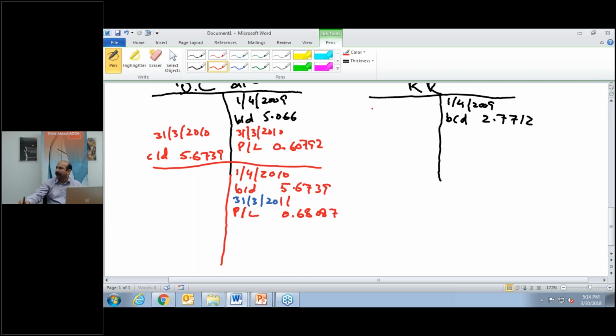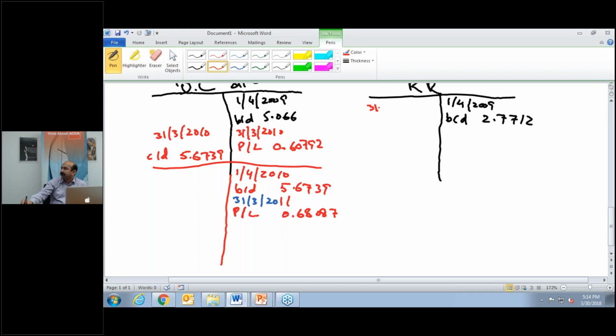Likewise, I'll keep on transferring this revaluation reserve to the retained earning. Okay, what was the closing balance of this revaluation reserve? Let me verify this. 2.7. Okay, fine, it is fine.